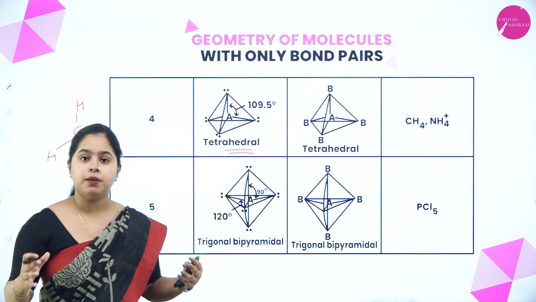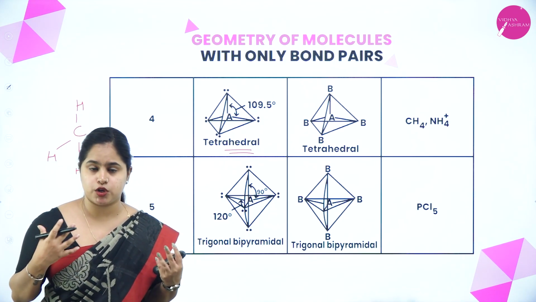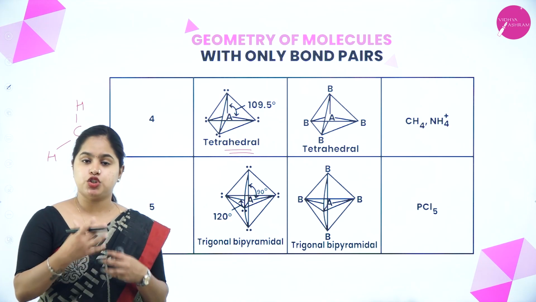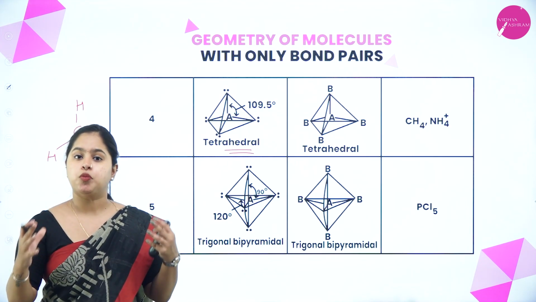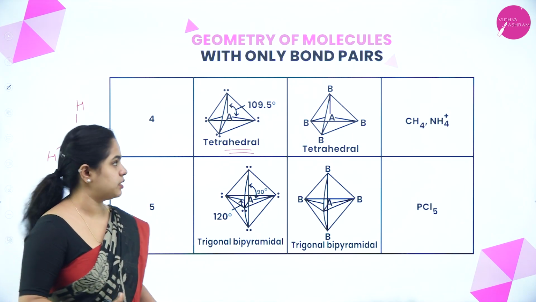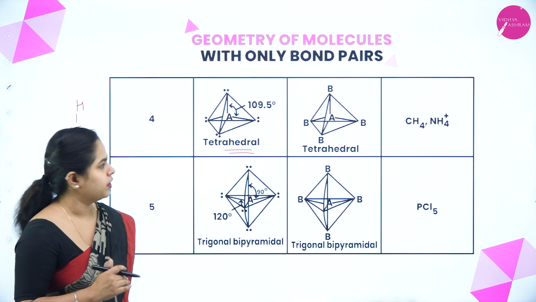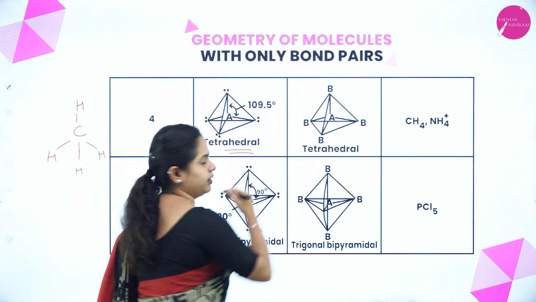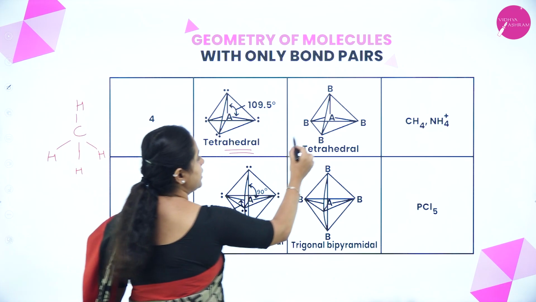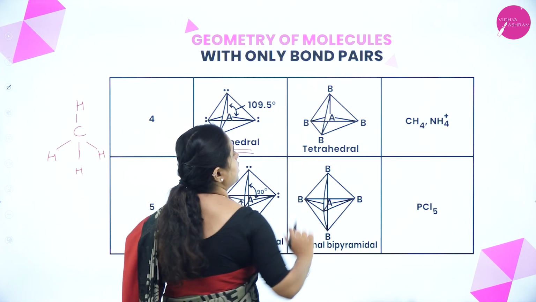The shape or geometry that the electron pairs try to attain, a position where the repulsion is minimum and the distance is maximum, is tetrahedral. So this is the tetrahedral geometry as you can see here, with 3 bonds here and 1 on the top.